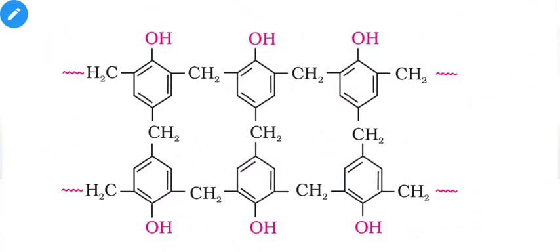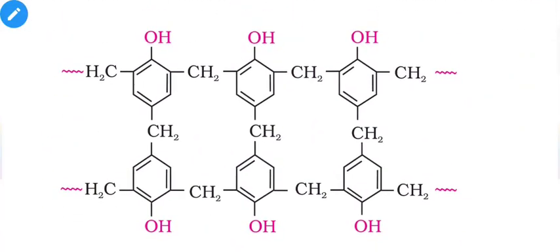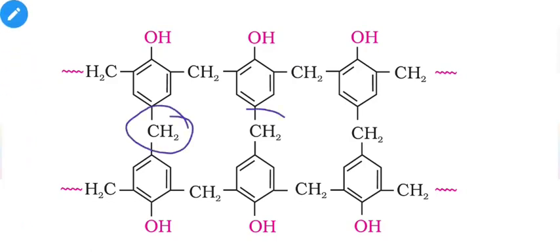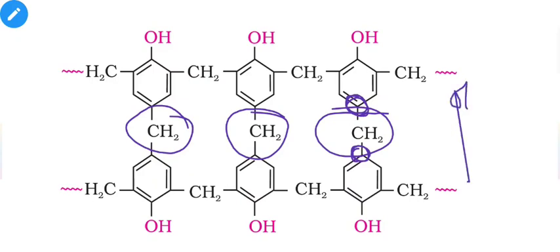So as we can see here, we have the structure of bakelite which contains Novolac chains, and Novolac chains are connected with each other with a formaldehyde molecule. So this portion belongs to formaldehyde. That means from the top chain a hydrogen will be removed from here, from the bottom chain one more hydrogen will be removed, and then two hydrogens are removed.